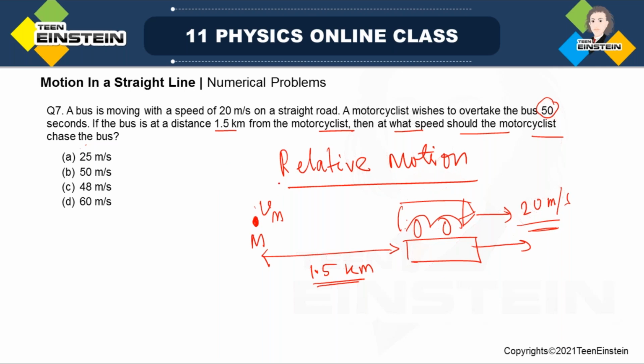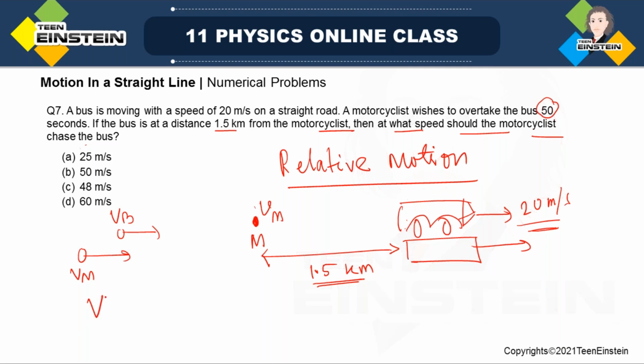This is a problem of relative motion. Relative velocity, if you remember, if both of them are moving in the same direction, suppose this is v bus and this is v man, both moving in the same direction with certain velocities or speeds.